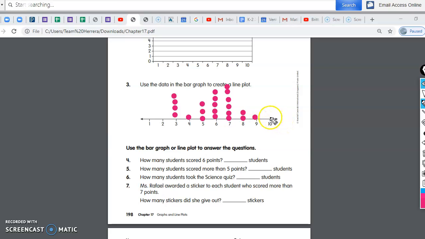And 10, we had 3. So now we're going to use the information from our two different types of graphs to answer questions 4 through 7.